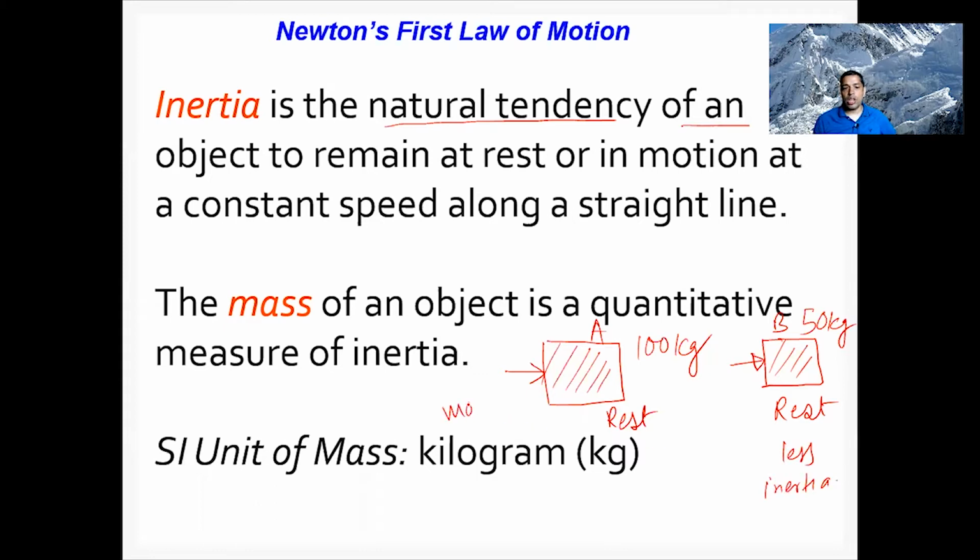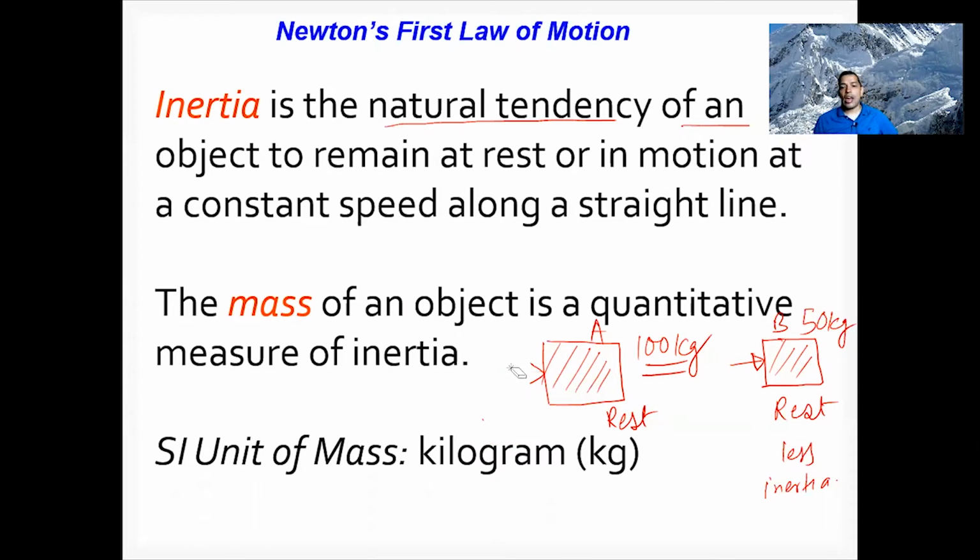A has more inertia, meaning it has more tendency to stay at rest. So inertia is some sort of property or tendency of an object which wants to remain at rest if it is at rest. In this case, both of them want to remain at rest because they are at rest, but which has more tendency to remain at rest? Obviously, A has more tendency to remain at rest.